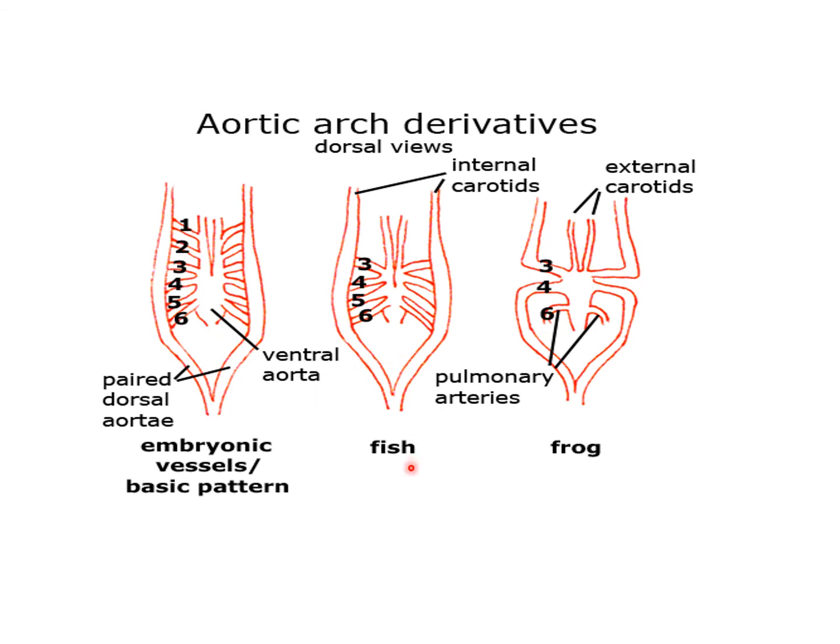In the case of fish, arcs 3, 4, 5, 6. These two are internal carotids. In the case of frog, 3, 4, 6, and these two are pulmonary arteries, and these two are external carotids.